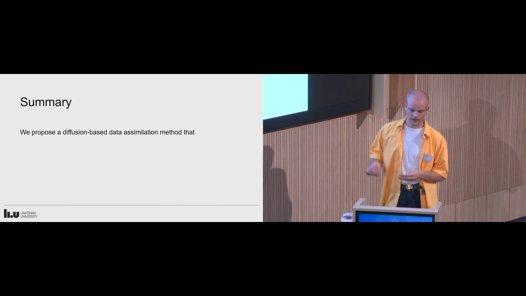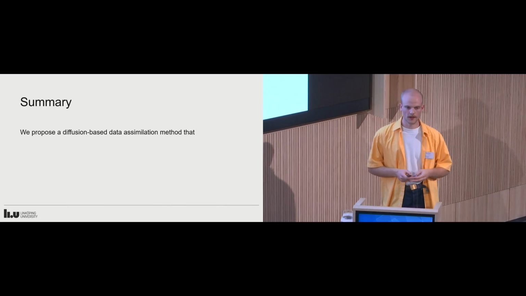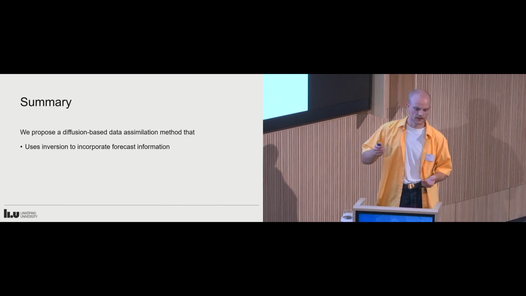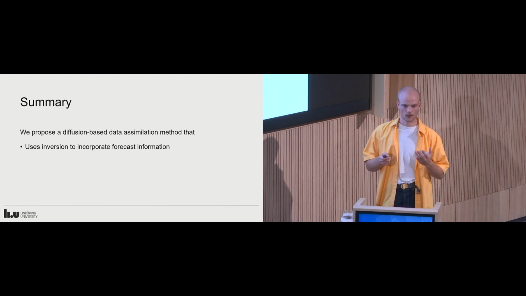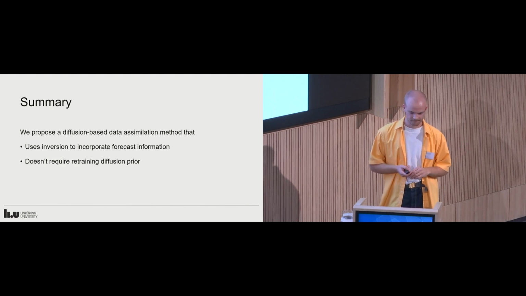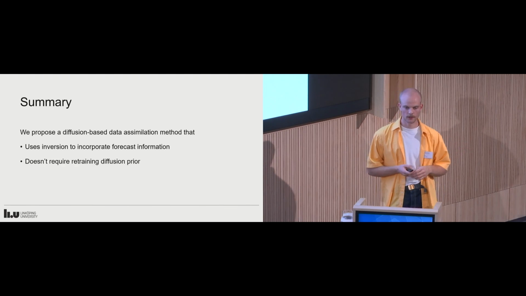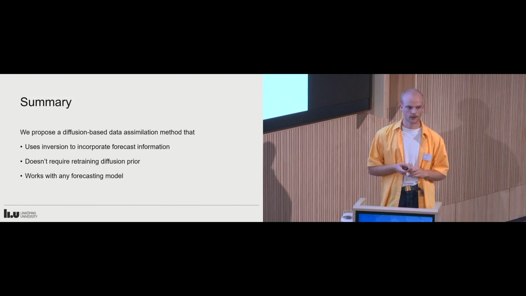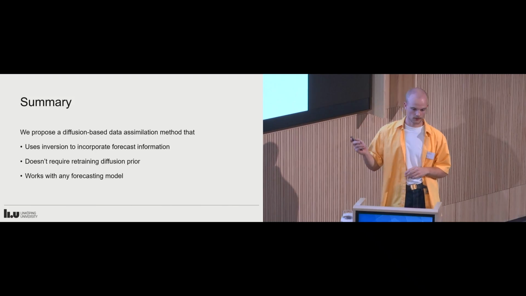And so to summarize this, we propose a diffusion-based data assimilation scheme that uses inversion to incorporate forecast information, doesn't require retraining your diffusion prior, and works with any out-of-the-box forecasting model.